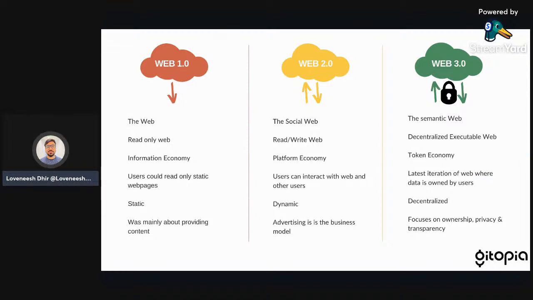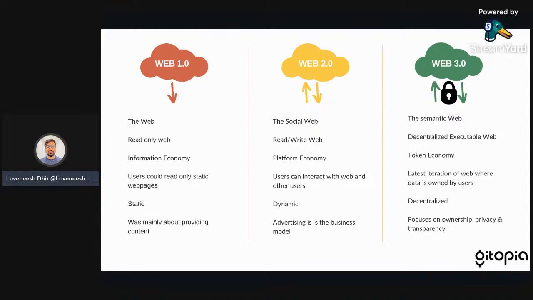Let's say that we are using Facebook. The content that we are posting over Facebook is not owned by us. It is owned by the centralized players, the big companies. The content that we post over Facebook is owned by Meta, the company which owns Facebook now.